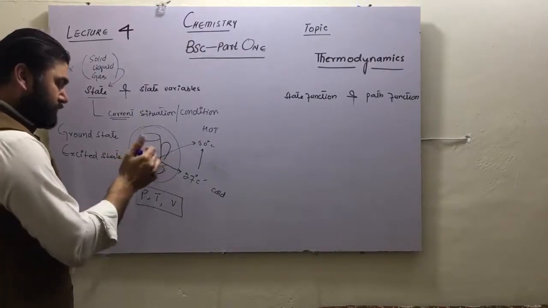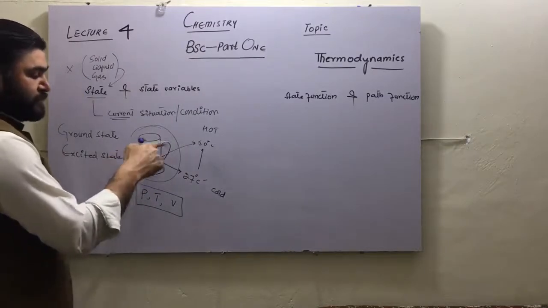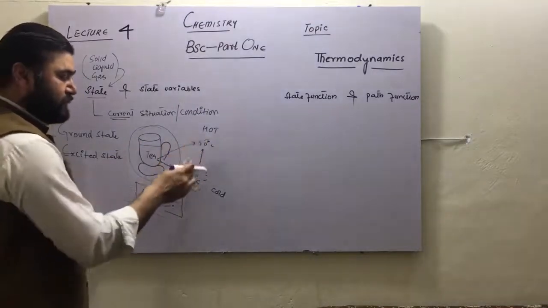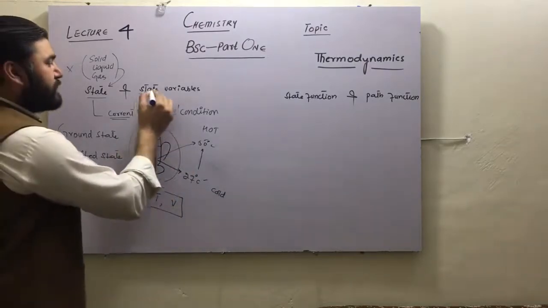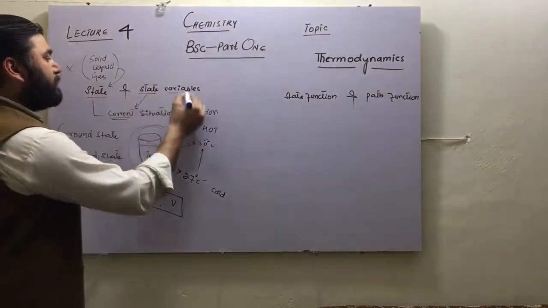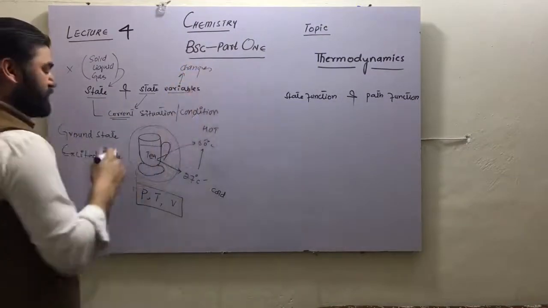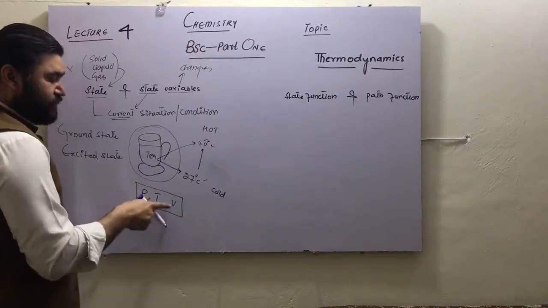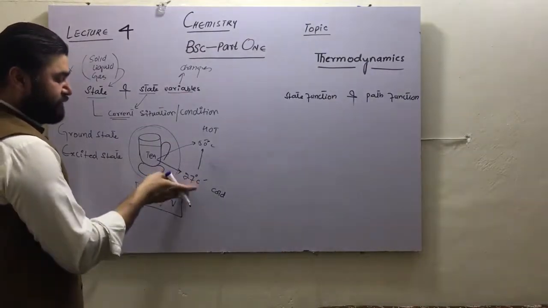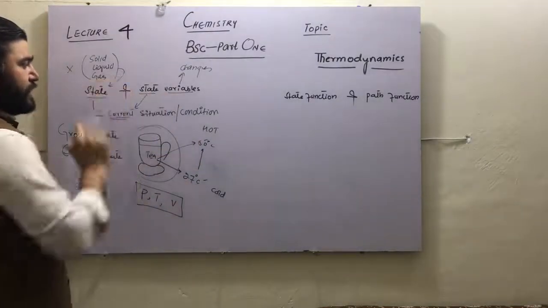Now the tea inside the cup is a system. So now we want to change its temperature from 27 to 50 centigrade, which means we are bringing some changes. Here state means current situation and variable means change, those things which bring about the changes. So here we can change the pressure, temperature and volume, and we can change the temperature from 27 to 50. So these things will be called state variables.